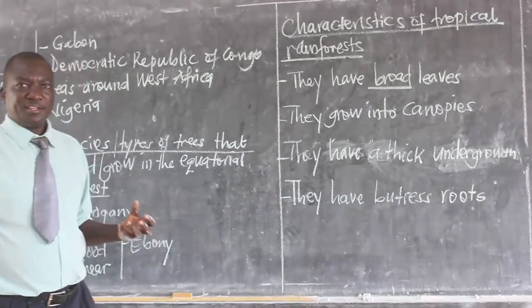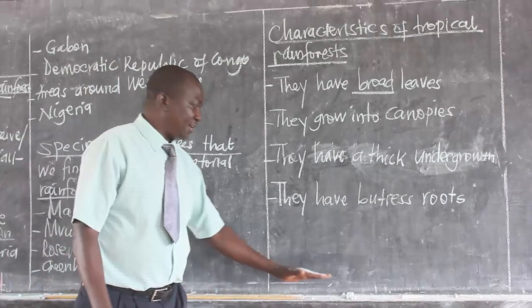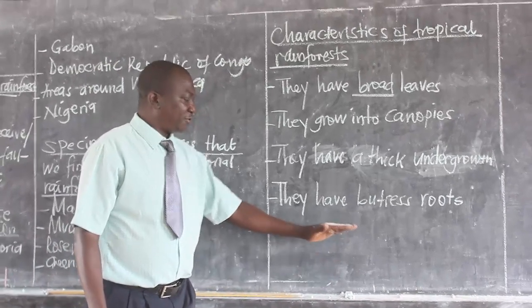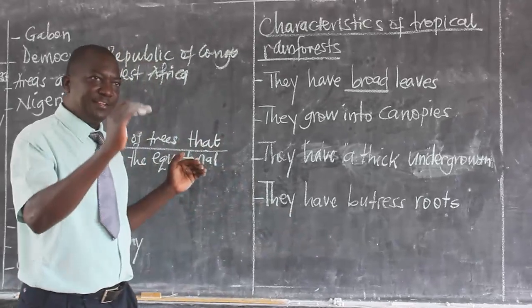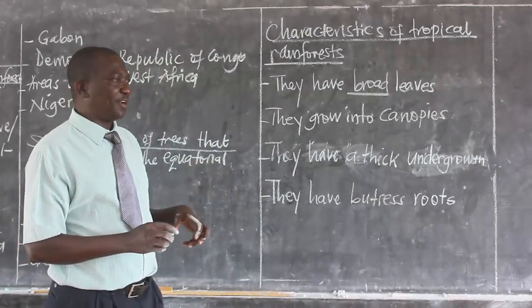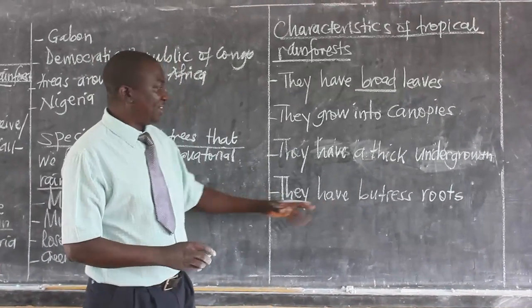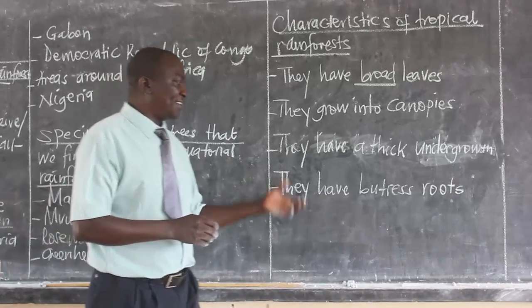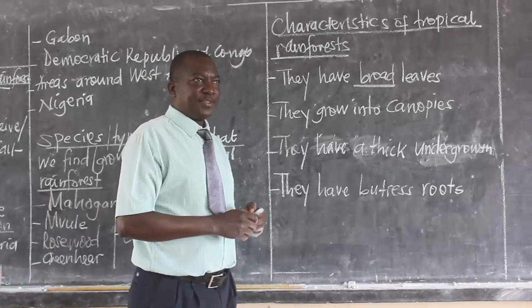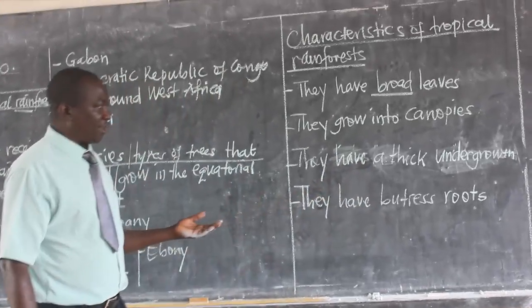We are looking at the roots that are growing from the surface, and they are very, very big roots that are developing from the main trunk. So we say they have those ones. Why? They are able to support these trees that are growing.